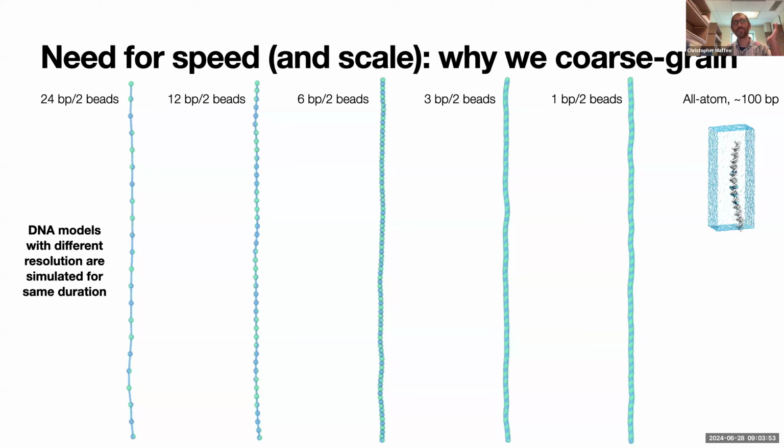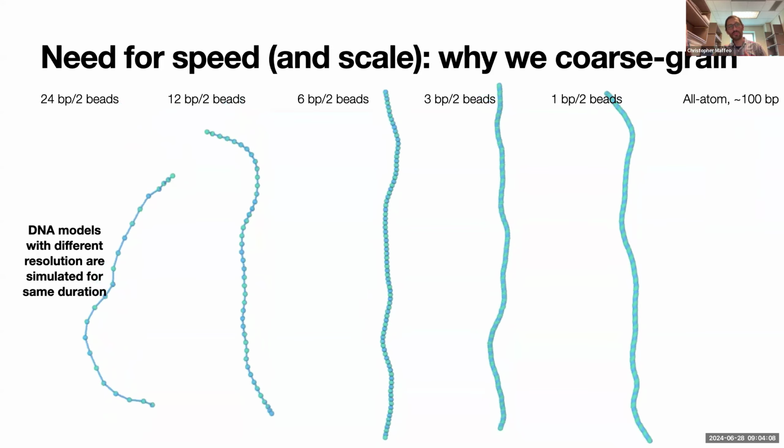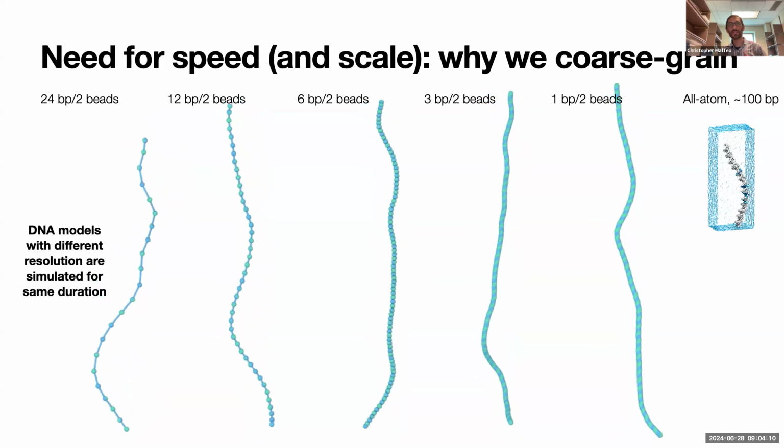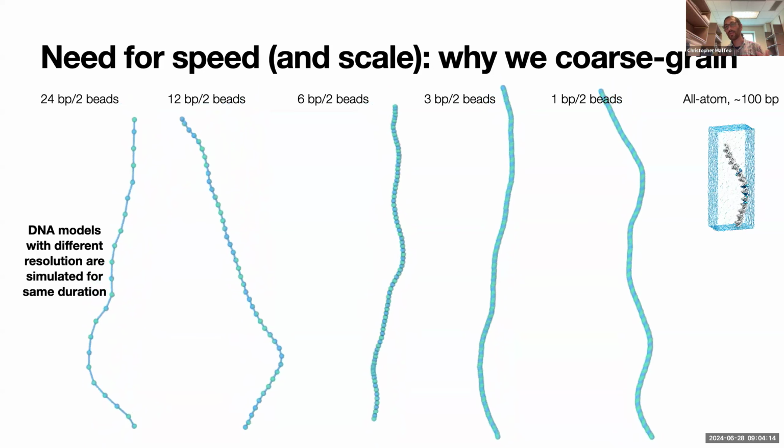Just to illustrate this point, here I'm showing a bunch of different DNA models of the same length of DNA simulated for the same amount of time. Except for the all-atom, it's much smaller and actually also a shorter simulation. But the coarse-grained DNA models, you can quickly see at the coarser end on the left, they relax much more quickly than at the higher resolution end on the right.